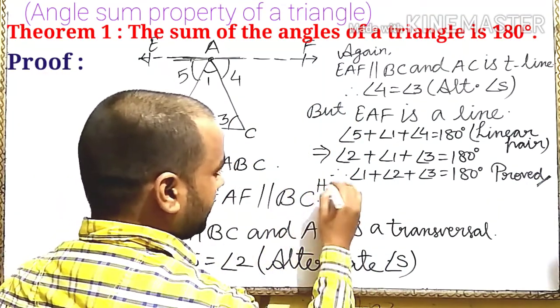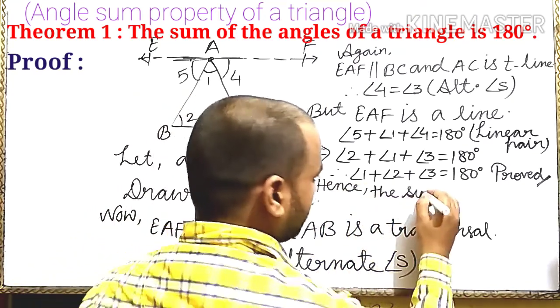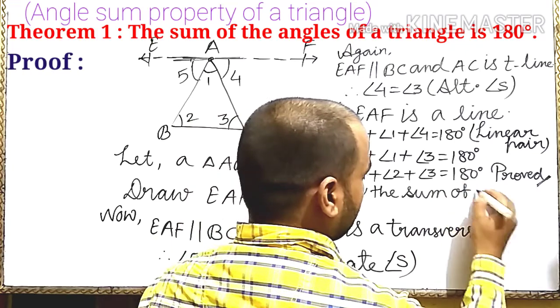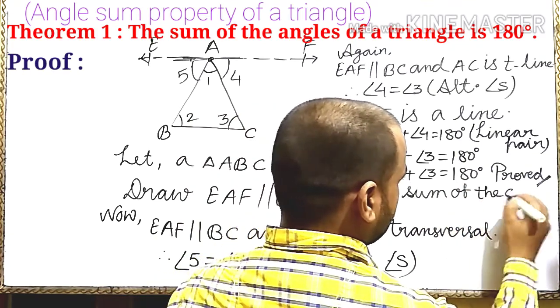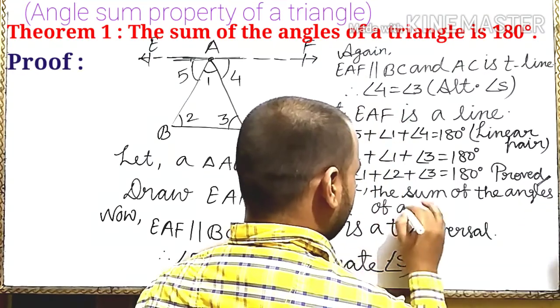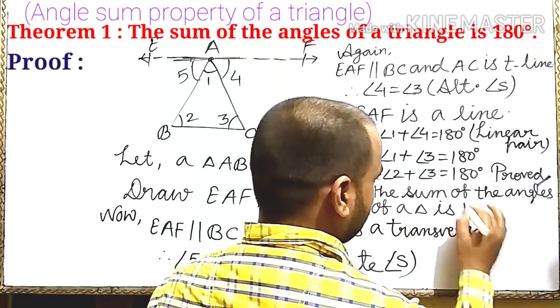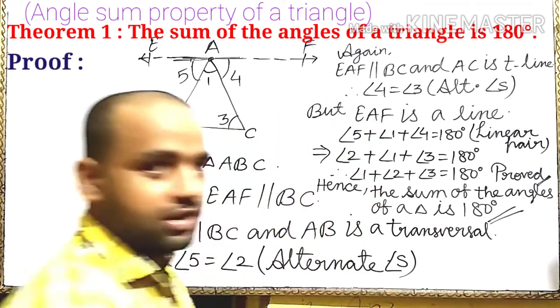Lastly we write, hence, the sum of the angles of a triangle is 180 degrees. Is it clear?